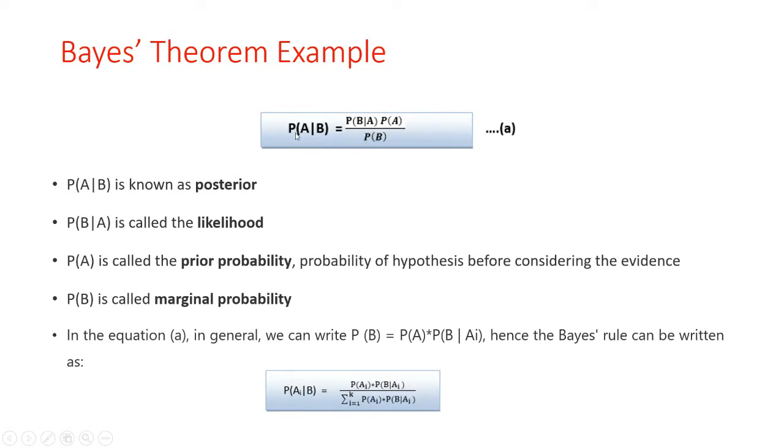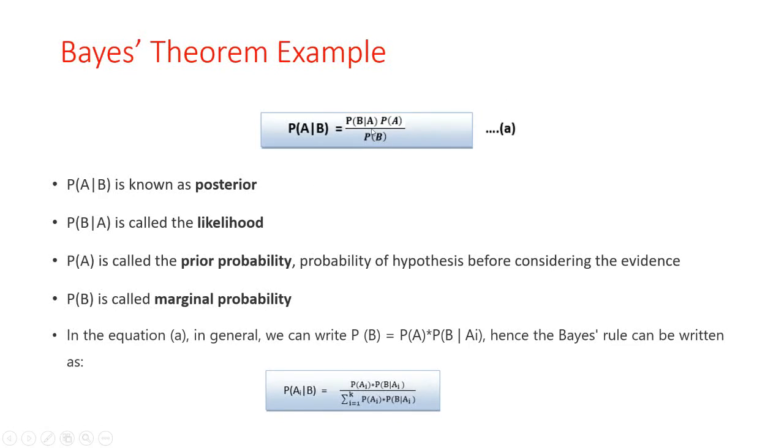So here the probability of A given B is known as the posterior probability, which we need to calculate, and it is read as the probability of hypothesis A when we have the evidence B occurred.